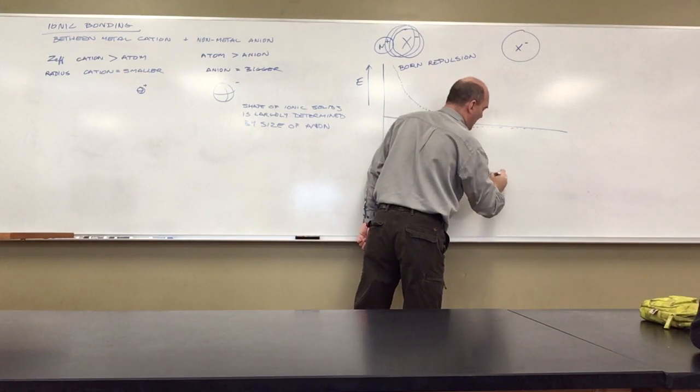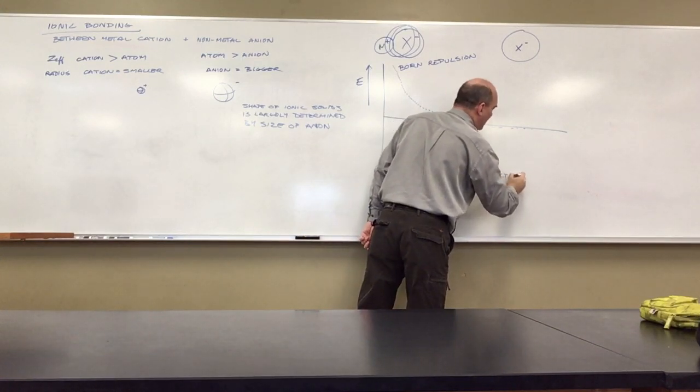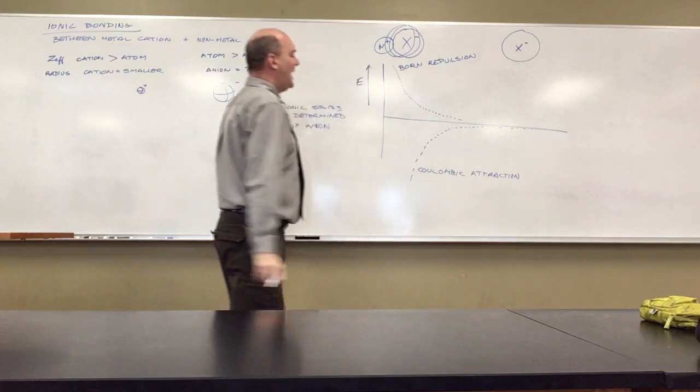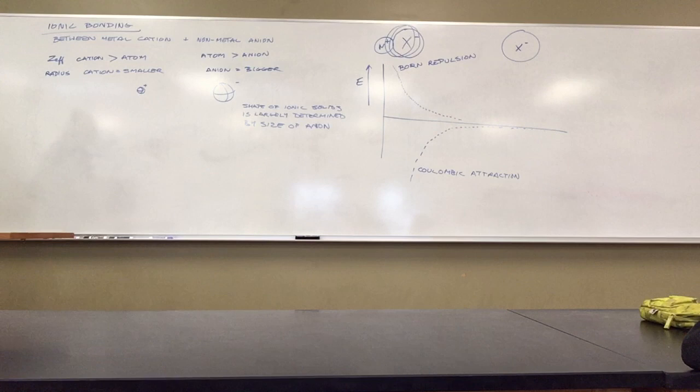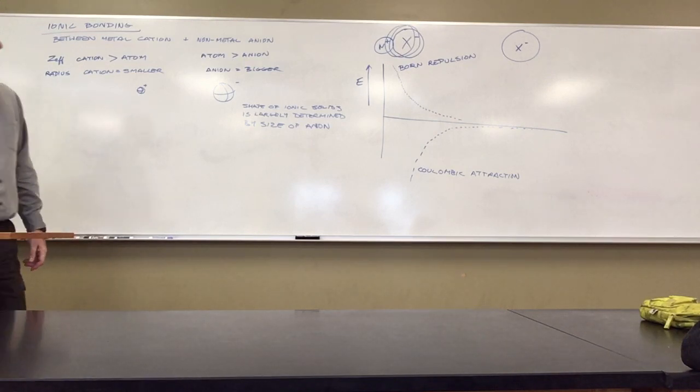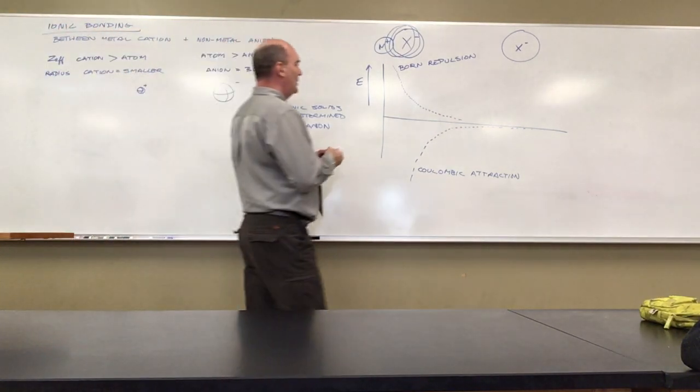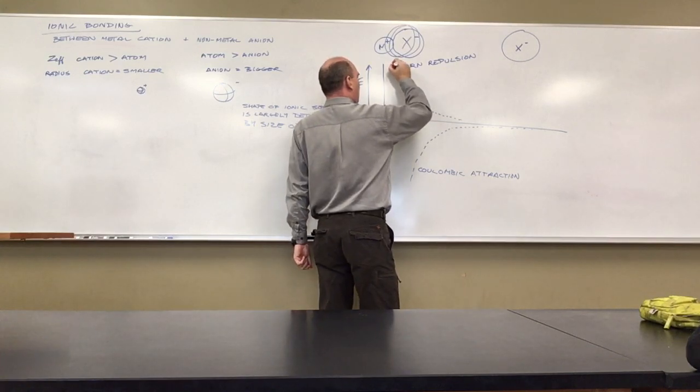I have two forces, and they're not quite equal. The repulsion happens very close. So if I let those two forces average, I get this.